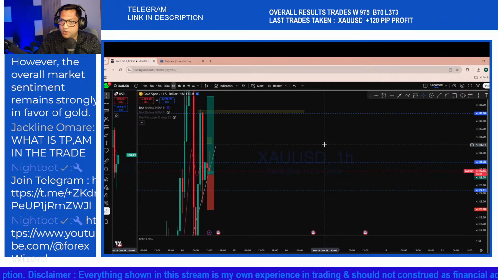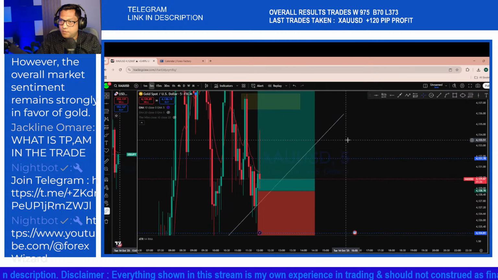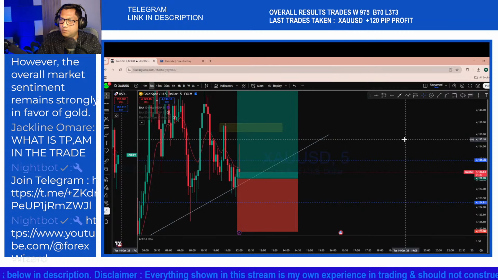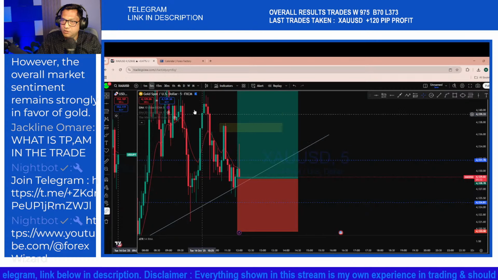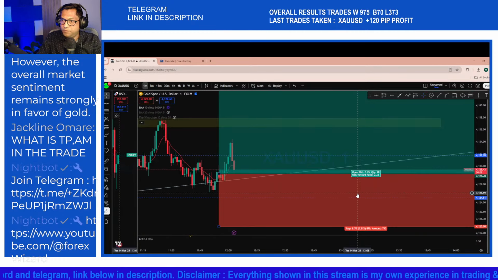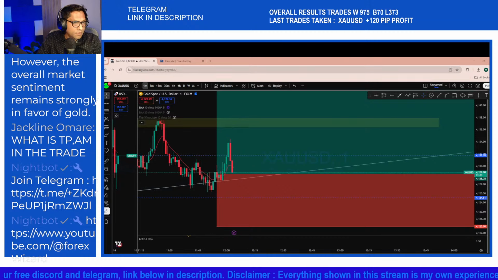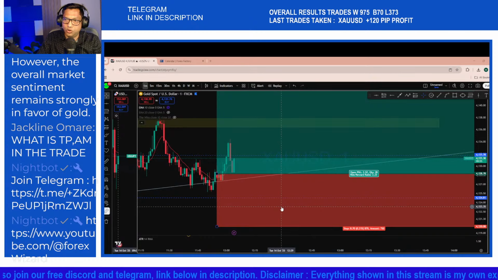From the 1 hour, it's a pretty long wick doji, and a breakup structure here. So waiting for a breakout.